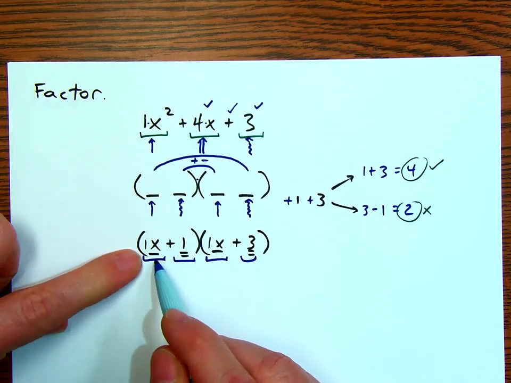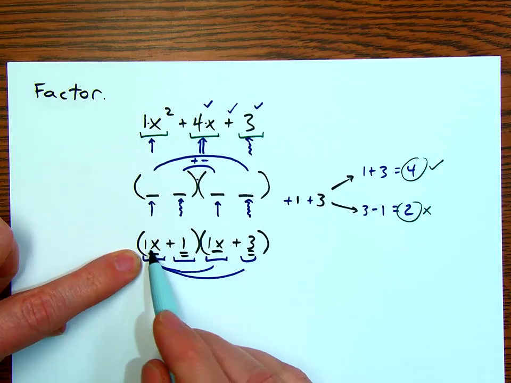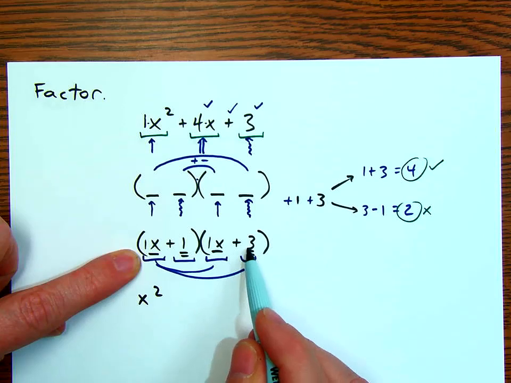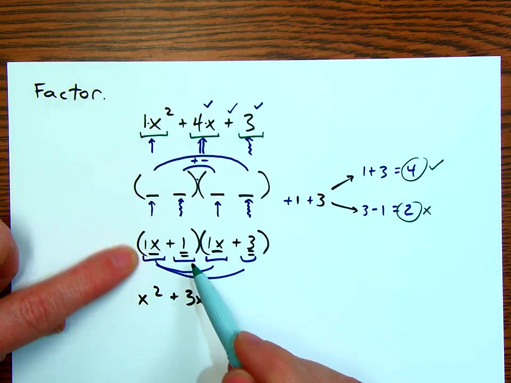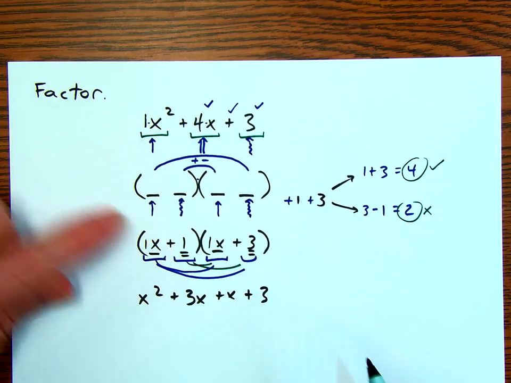This first term is going to be distributed to each term here. So x times x is going to be x squared, and x times 3 is 3x. And then we want to distribute this second one as well. So 1 times x is x, and 1 times 3 is 3.